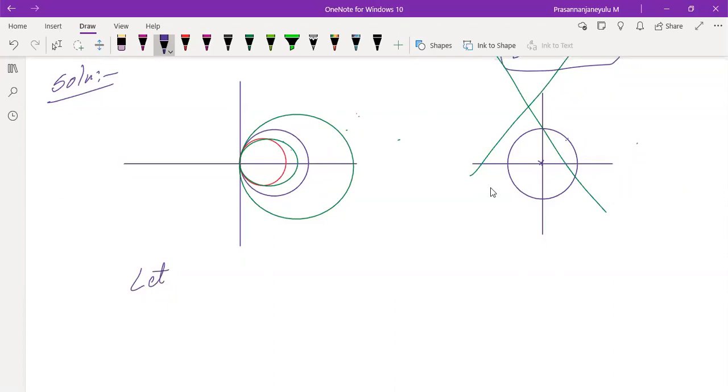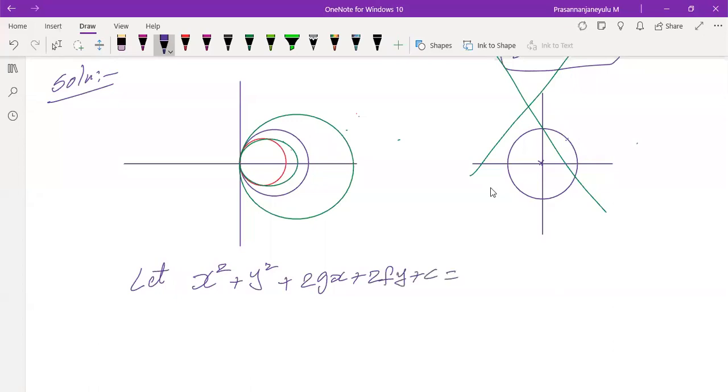equals r square. For any of them the center is x1, y1, or A comma B, it is all the same. x square plus y square plus 2gx plus 2fy plus c equals to 0.